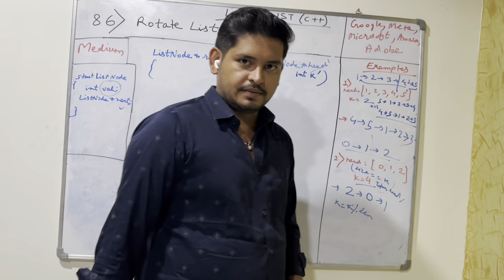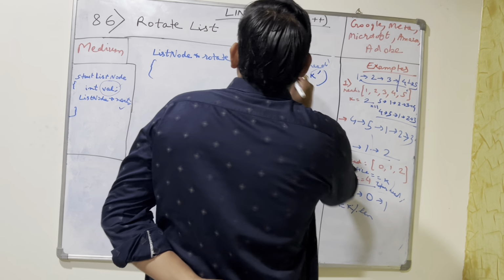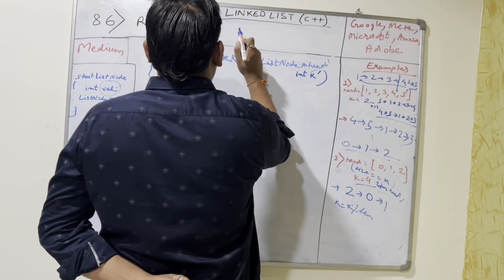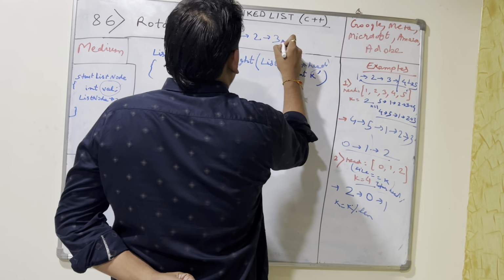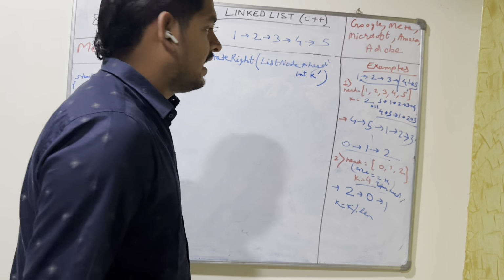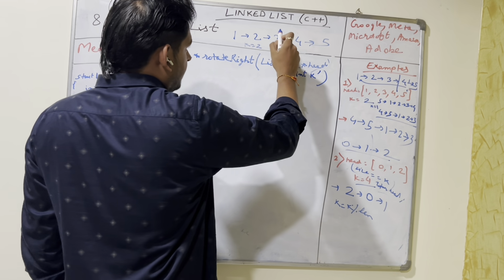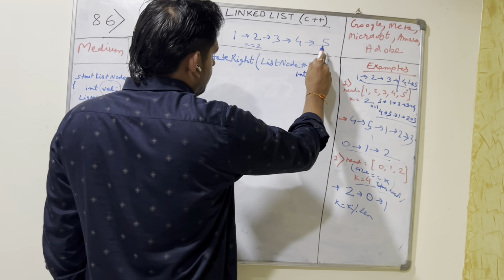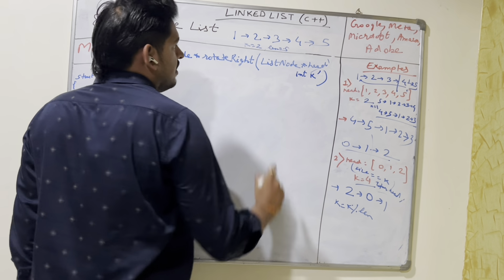How do we rotate it? Let's write the earlier example here. 1 was pointing to 2, 2 to 3, 3 to 4 and 4 to 5, and k was 2. The length of this linked list is 5.